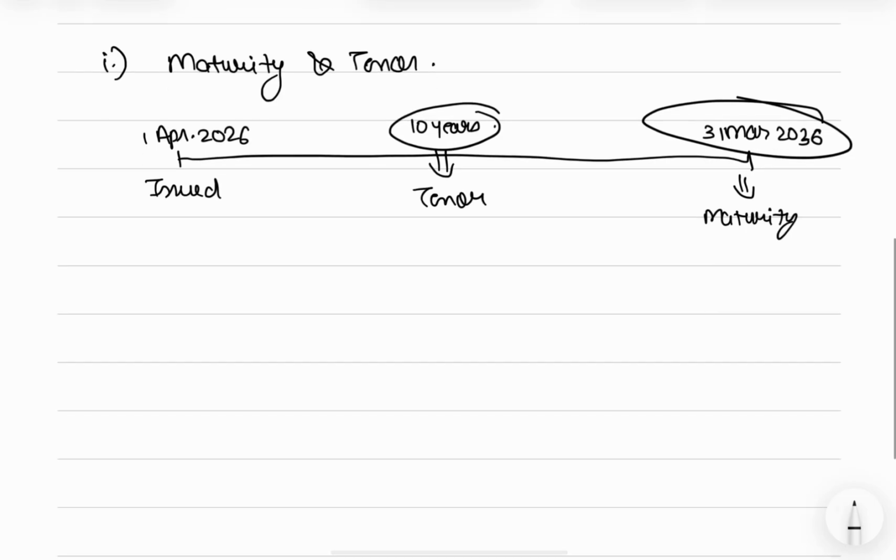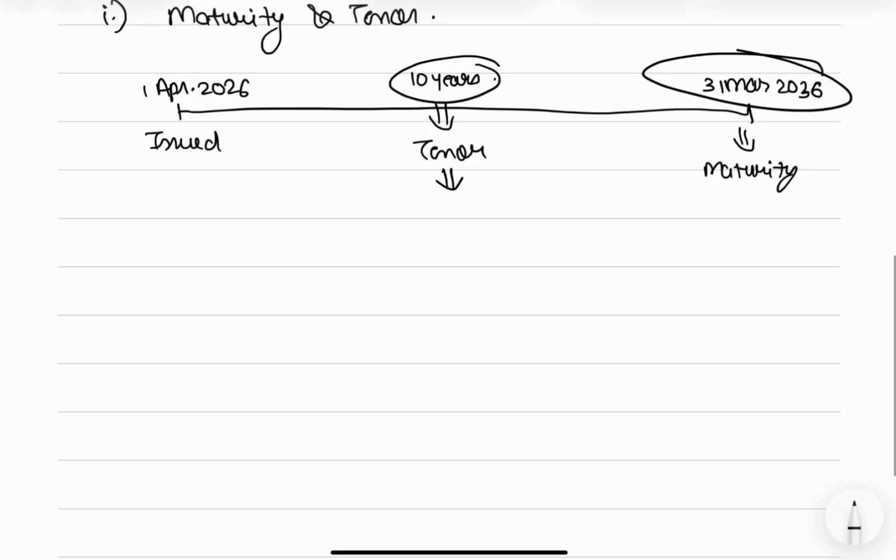Now, based on this tenure, if the maturity is 1 year or less, it is called a money market security.